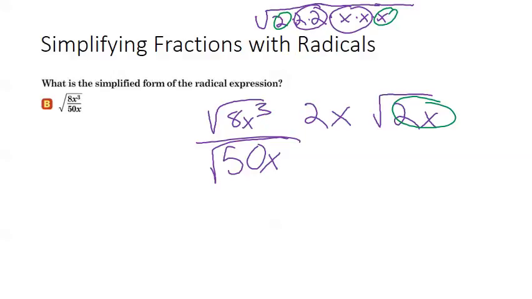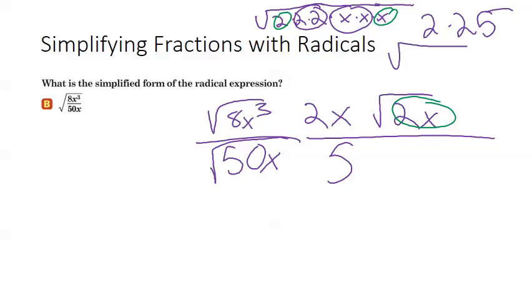Now on the bottom here, square root of 50x. Well, 50 is 2 times 25, right? So what's the square root of 25? You should be yelling these out, freaking out your parents because you're yelling out 5 in the middle of the night. Okay? 5. So we're going to take out a 5. What's left inside?